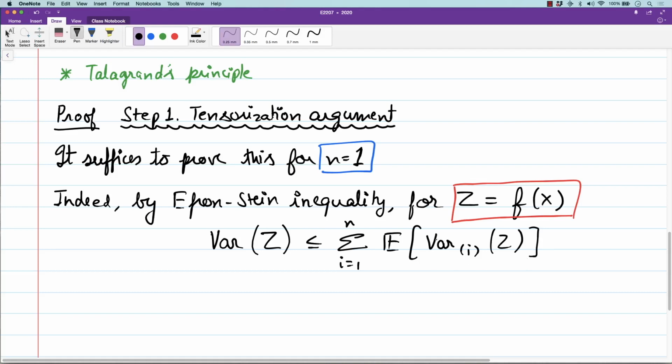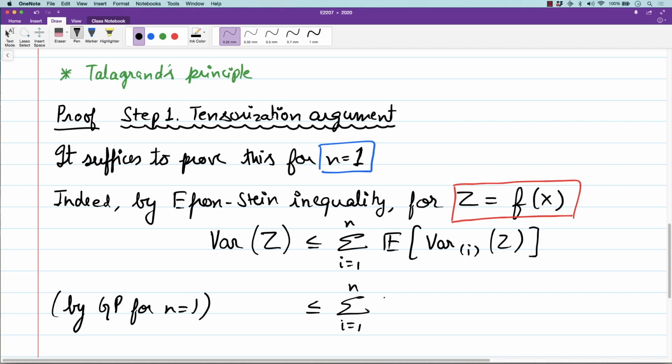Now if you look at this variance inside, it has all the coordinates fixed and only one coordinate is changing. So this is exactly a variance of a function which is continuously differentiable. This is just a one-dimensional function if you have fixed all the other coordinates, and therefore by Gaussian Poincare for n equal to 1, we can apply it to this inner variance.